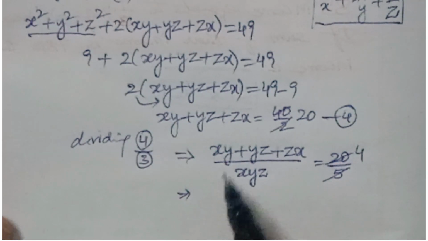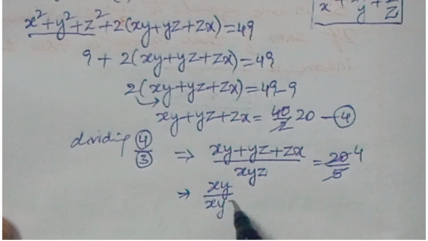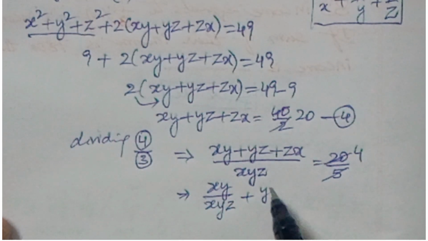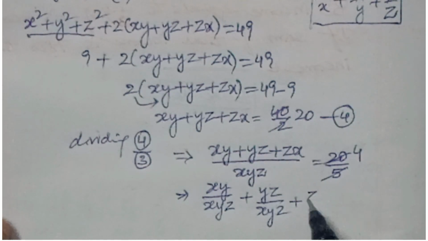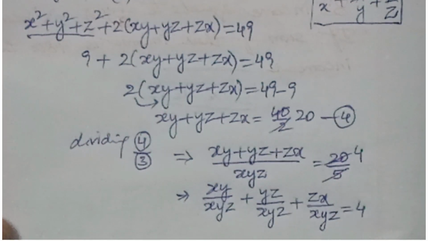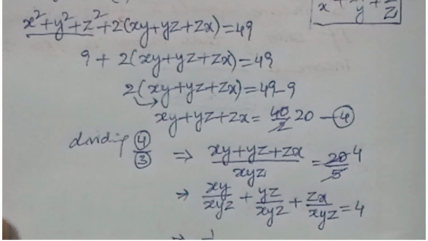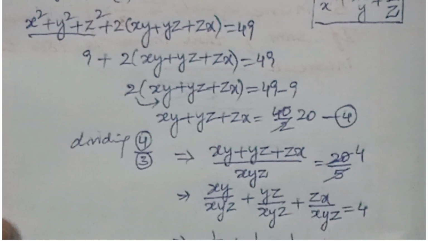Taking xy by xyz plus yz by xyz plus zx by xyz equal to 4, we get 1 by z plus 1 by x plus 1 by y is equal to 4.